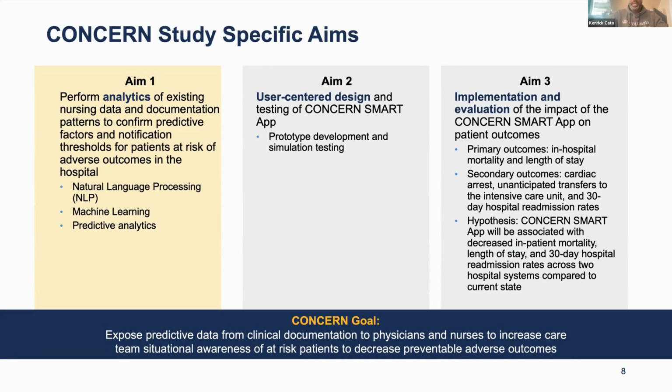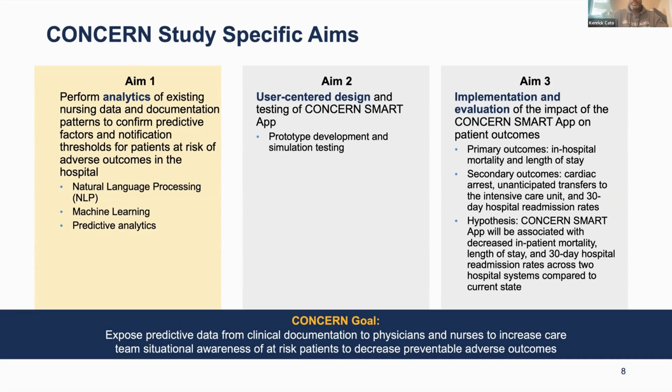What I'm going to talk to you about is mostly aim 1, where we spent a couple of years at both sites using 5 years of historical data to build, well, we'd already built, but to confirm predictive models.